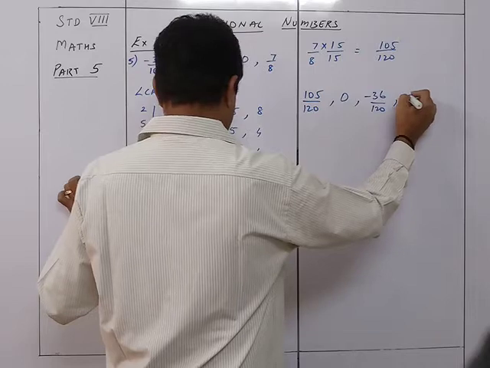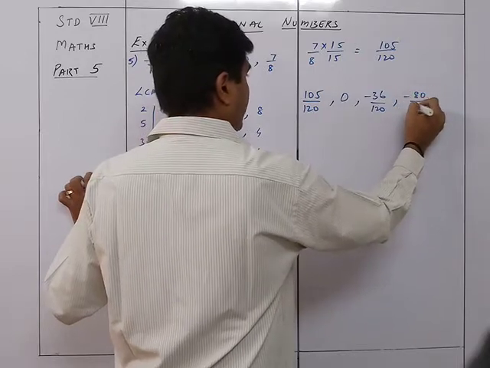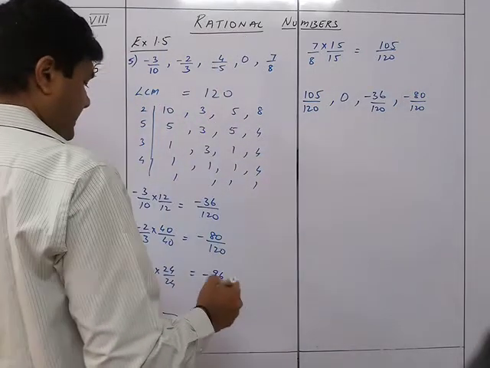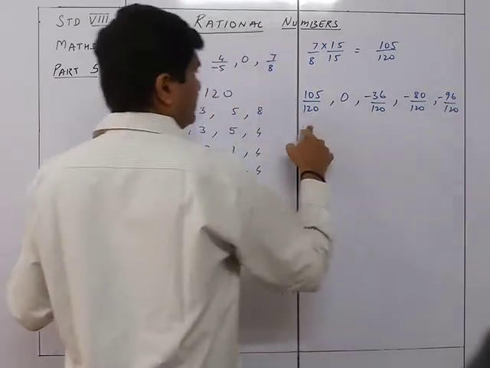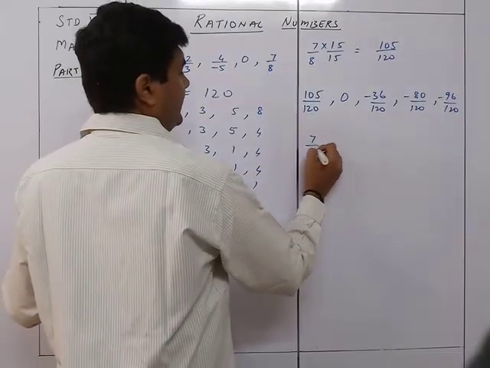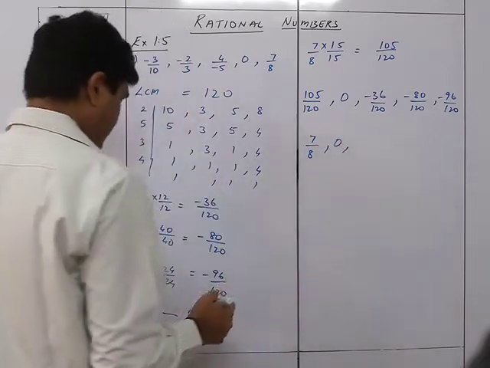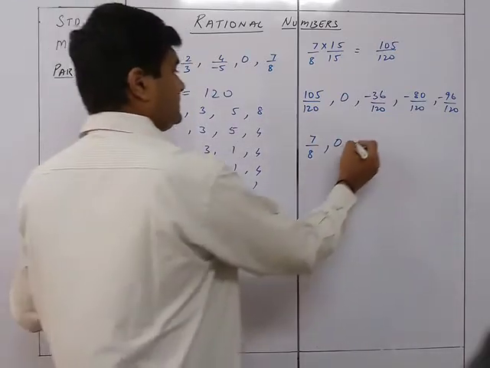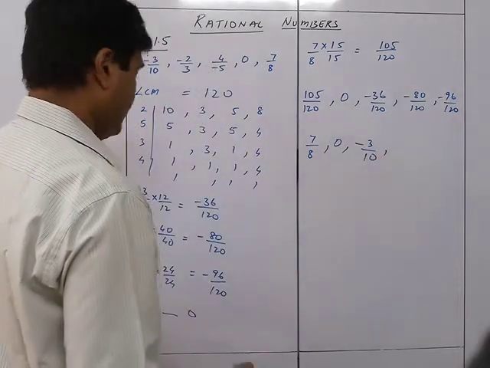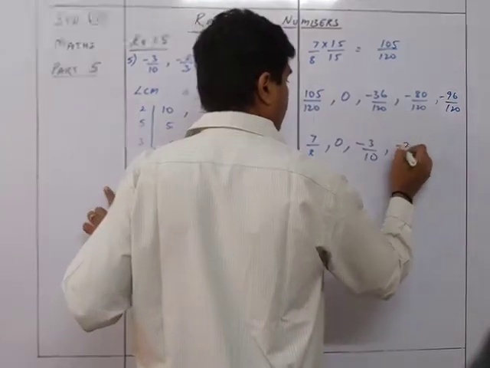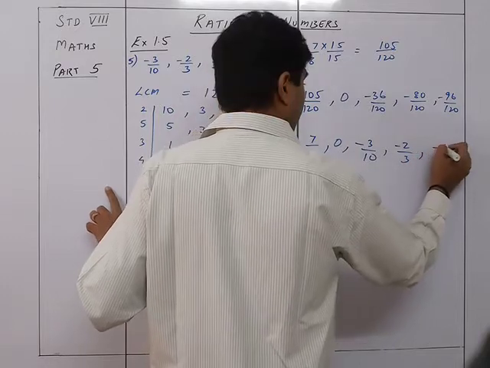The next one will be minus 80 upon 120, and then minus 96 upon 120. So that gives me the answer as 7 upon 8, 0, minus 3 upon 10, minus 2 upon 3 and finally minus 4 upon 5.